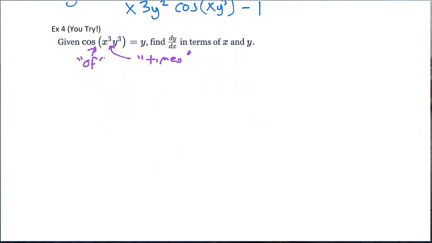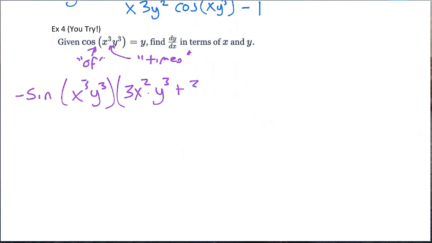Okay, here we go. Derivative of cosine is negative sine x cubed y cubed times 3x squared, that was one of my mistakes, y cubed, plus x cubed times 3y squared times y prime equals y prime. There, I know that's right now.